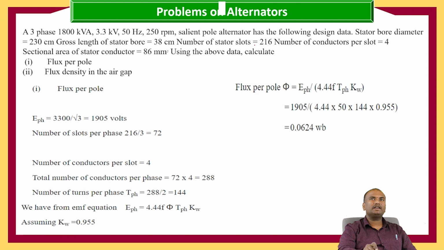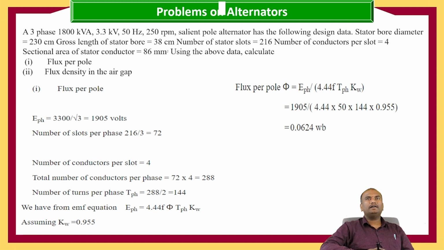The number of stator slots is equal to 216 and number of conductors per slot is equal to 4. The sectional area of stator conductor is equal to 86 mm square. Using the above data, calculate flux per pole and flux density in the air gap.